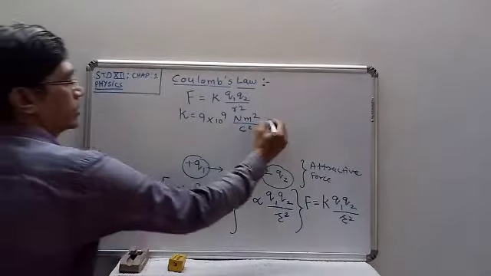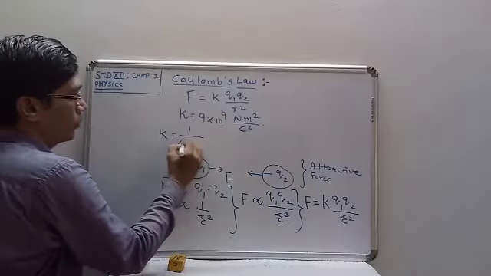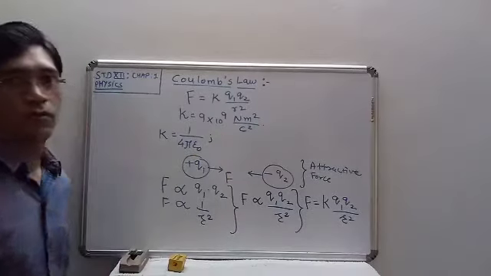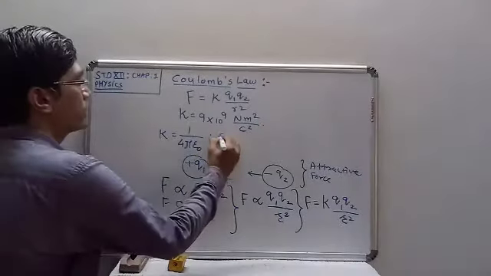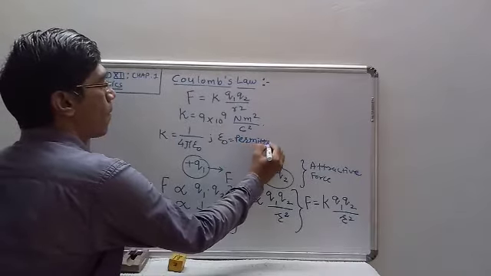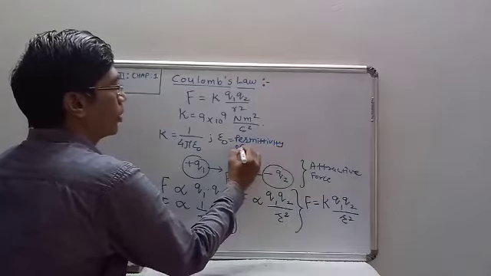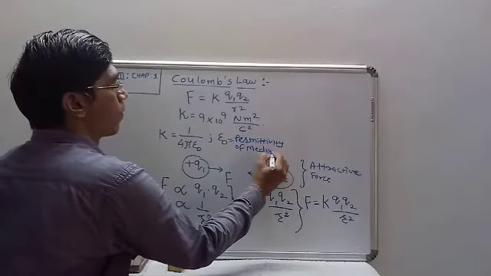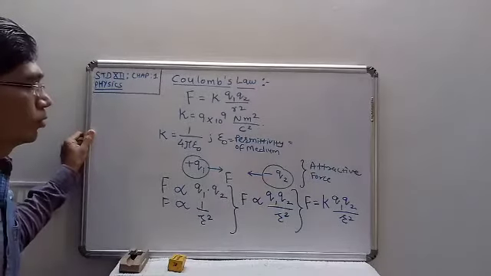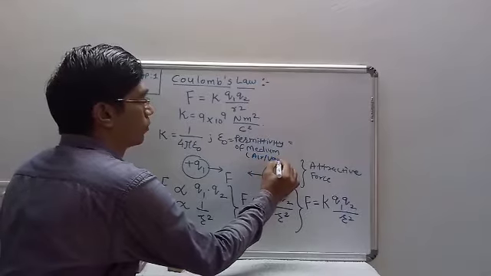Here k is the proportionality constant and k is given by 1 upon 4 pi epsilon 0, where epsilon 0 is the permittivity of the medium, and here the medium is air or vacuum.